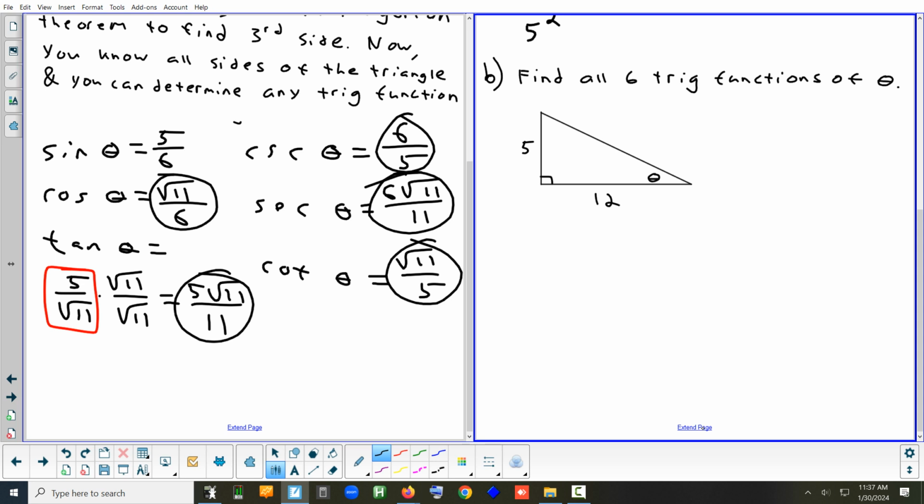Since we don't know the hypotenuse, what's the label we normally use for it? You can technically use any label you want, but just so we don't confuse it with other things, we should stick with this letter. Yeah, let's just stick with using C.